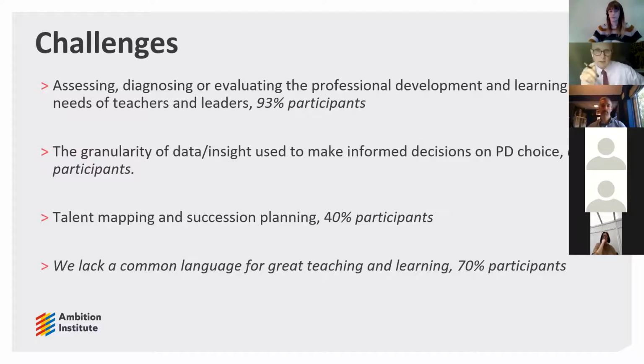But if we look at the other two, the reason why they may be lower is I've been strict to the fidelity of the research in only capturing what was explicitly said in those interviews. And as I've said, they were semi-structured. So whilst they may not have said directly that the granularity of data and insight used to inform decisions was a challenge, we know that if diagnosing and evaluating need is at 93%, then you don't necessarily have the data, and you're not able to make informed decisions because you don't have that data to make those decisions.